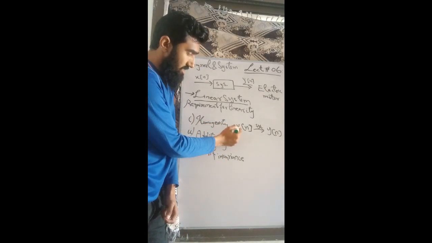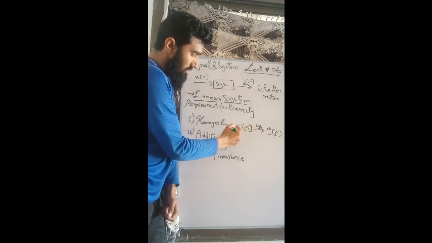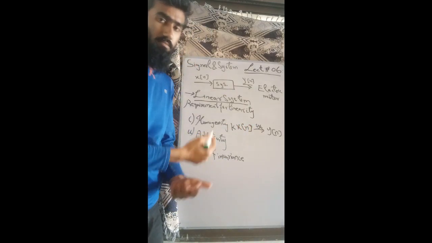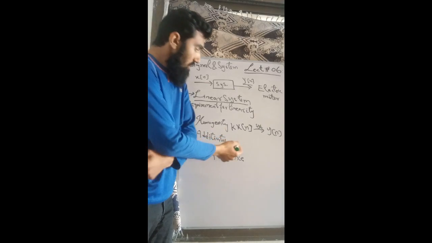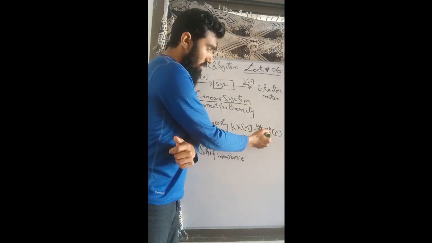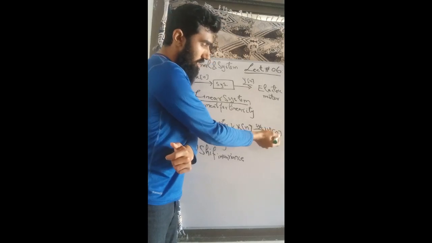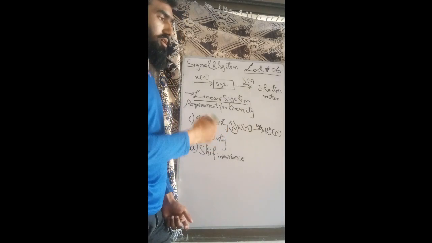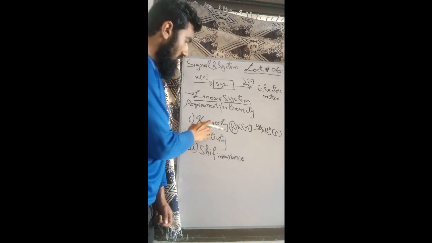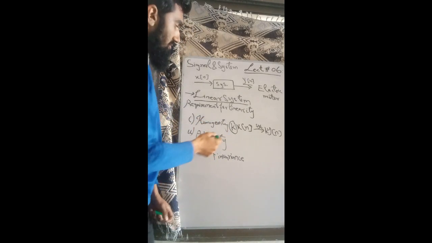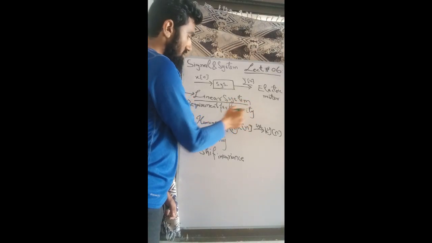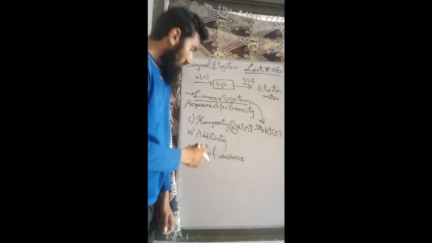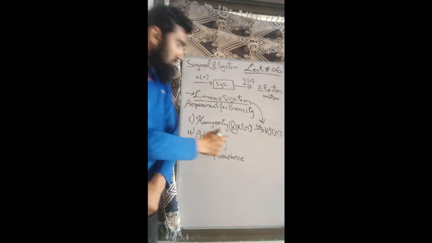If I multiply the input signal with a constant k, maybe 10, 5 or something else, at the output I will see that the output is also multiplied by the same constant that I multiplied on the input side. So this is the homogeneity property that satisfies this linearity condition.